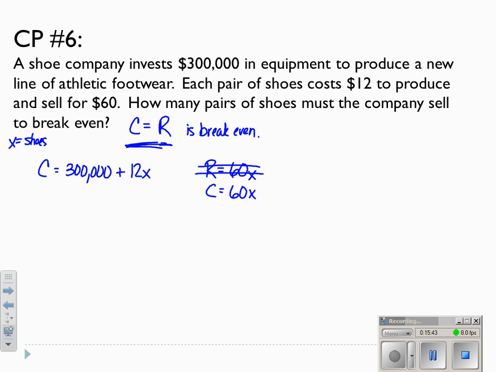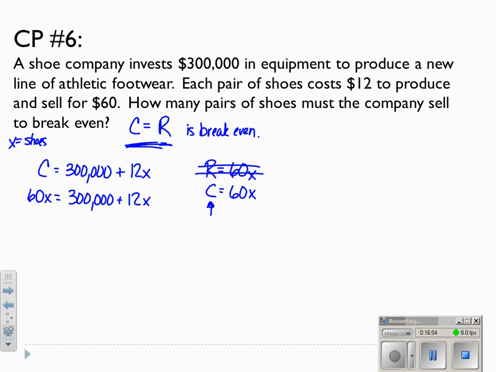Looking at our problem up here, we have a substitution already ready to go. This variable C is already isolated. So wherever you see a C in the first equation, you can put 60x in. So do that substitution and solve.